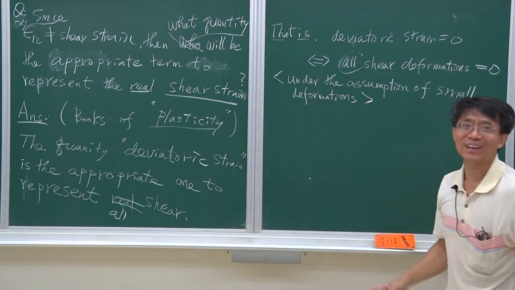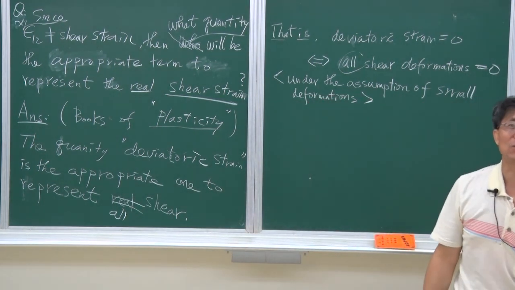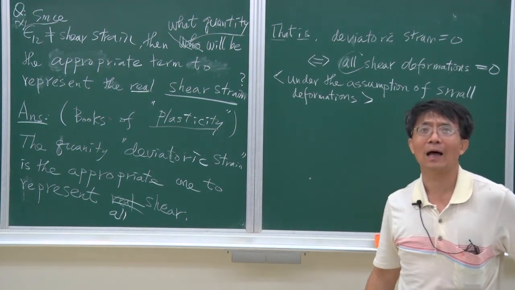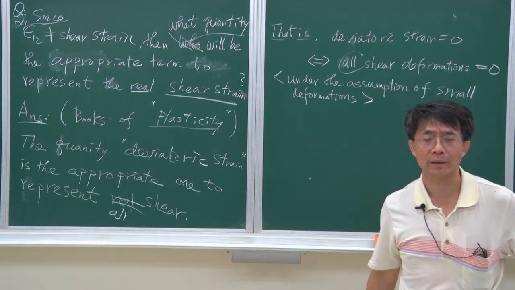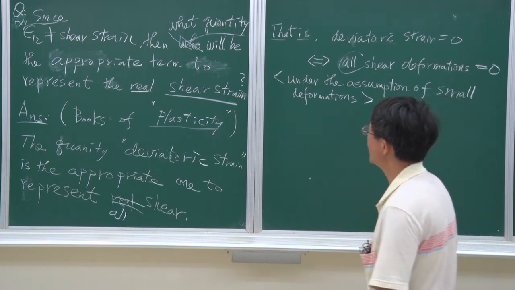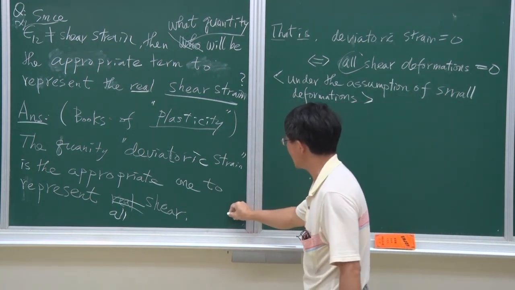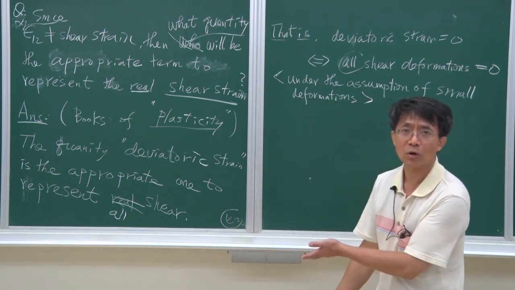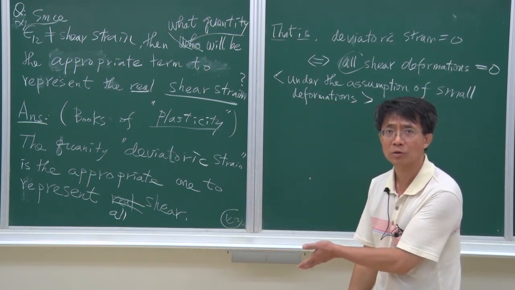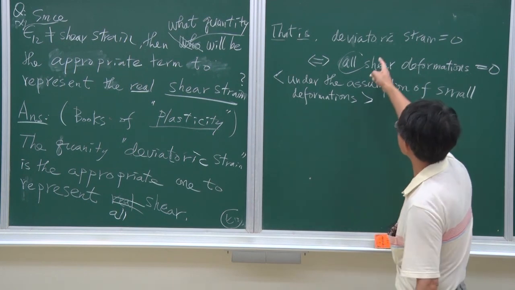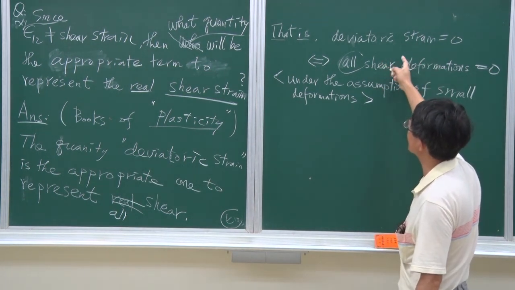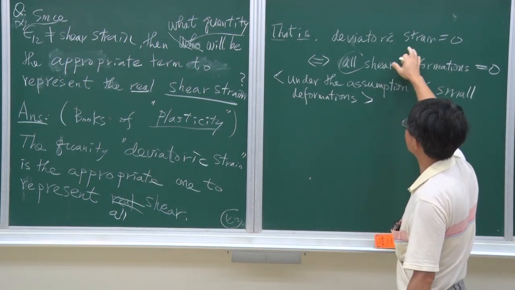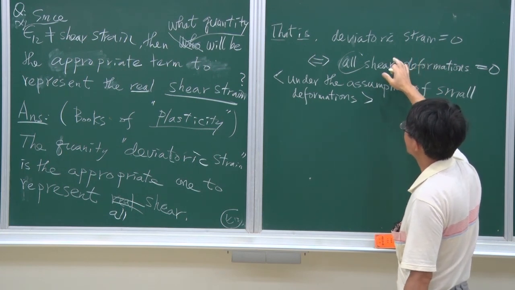Okay, but once again, I must draw your attention that now we are talking about classical strain. The term F12 is the so-called shear strain for the classical strain. So the deviatoric strain is also defined for the classical strain here.